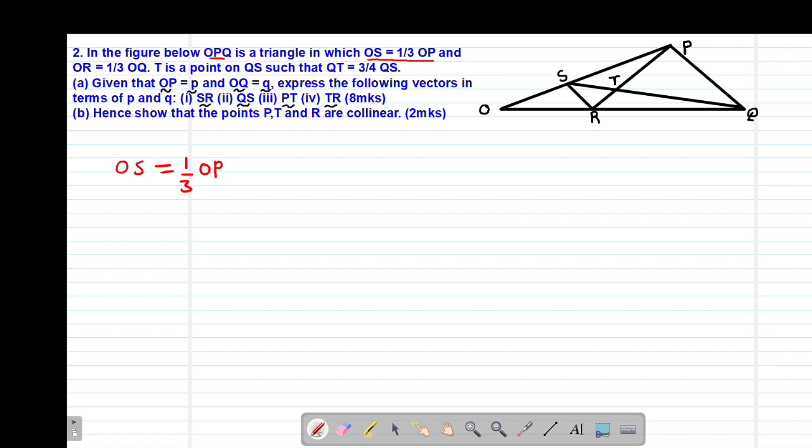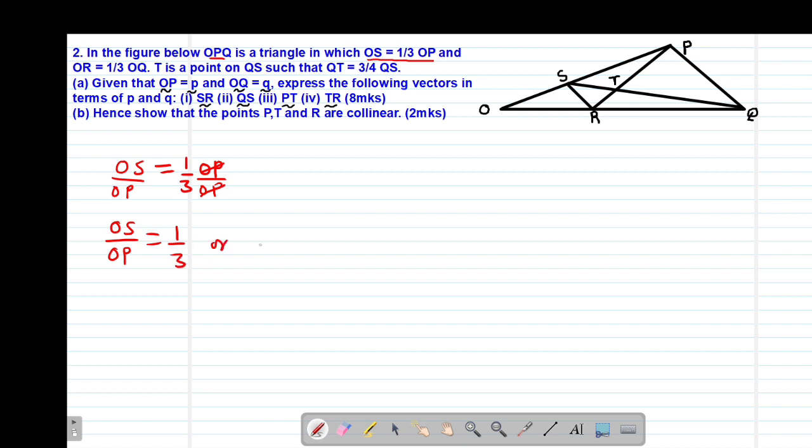So the first thing we are going to do is to separate the numbers from the given vectors. For me to achieve that, I'm going to divide through by OP. I also divide the other side by OP so that I can remove OP from this side. So this simply means that OS to the ratio of OP is equivalent to 1 to the ratio of 3.